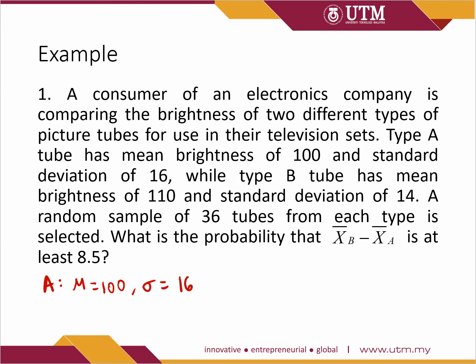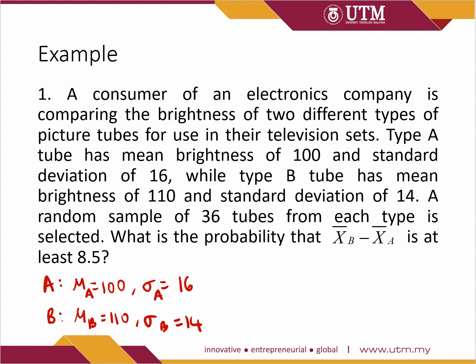So this is the mean for A and this is the standard deviation for A. And type B has mean brightness of 110 and standard deviation of 14.